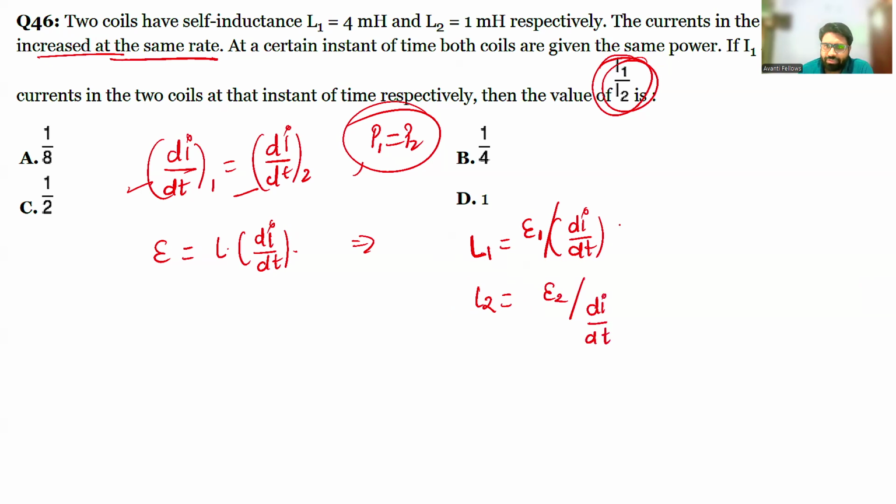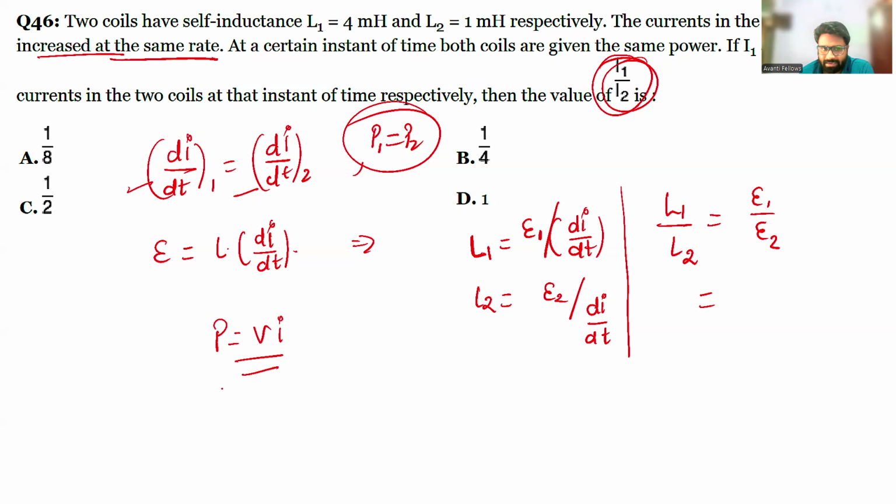Now you take the ratio L1 upon L2. It will become epsilon 1 upon epsilon 2, because di by dt will get cancelled. Epsilon 1 you can also write in terms of power. Power is nothing but V square upon R, or what we can say, it is V into I. Clear?